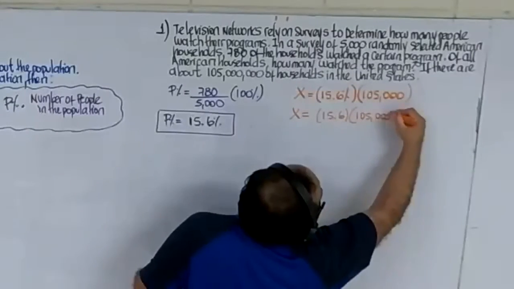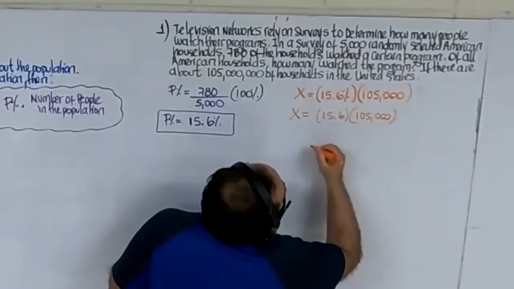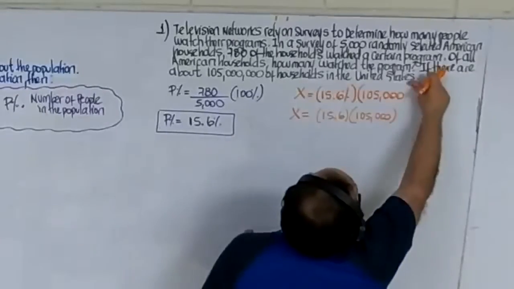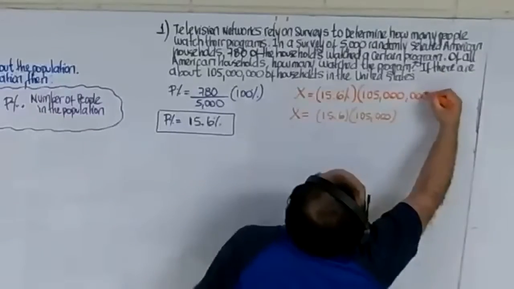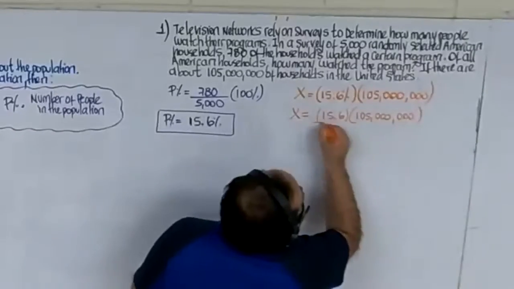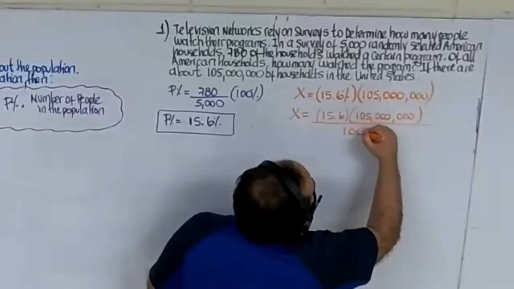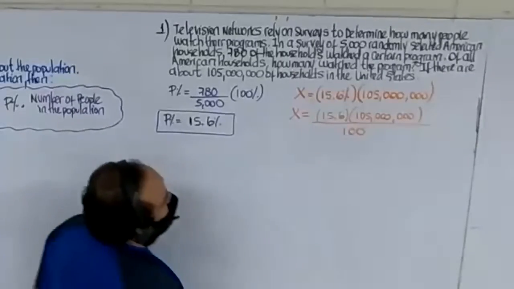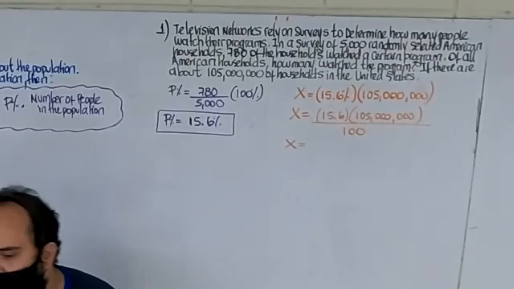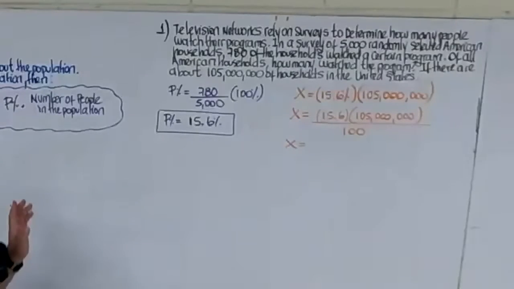Permítanme, que me faltó algo. Vamos a ver, me comí 3 ceros. And divided by 100. ¿Ok? Puede sacar de un solo 15.6% o multiplique 105 millones por 15.6 y el resultado divídelo entre 100. ¿Cuánto da?